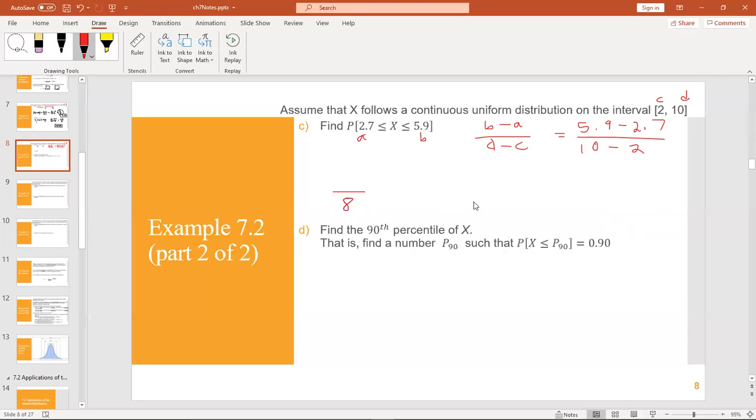The bottom is going to be 8. 5.9 minus 2.7 is 3.2. So then we need to find what is 3.2 divided by 8. That is 0.4. Okay, there you go.